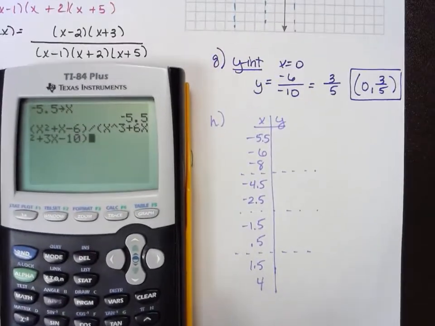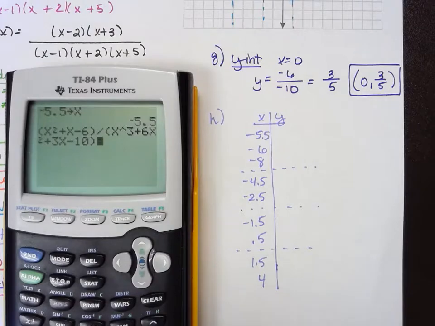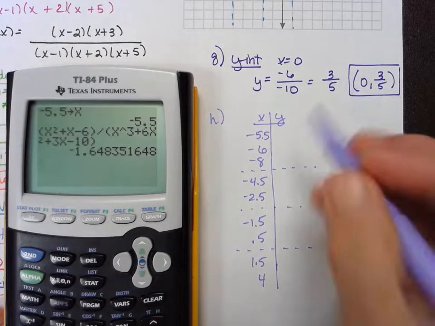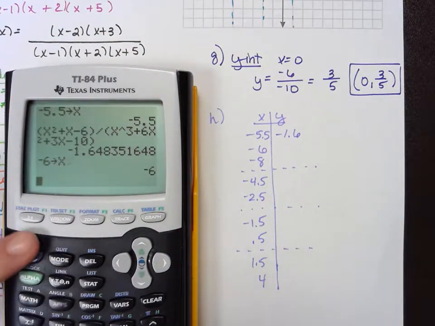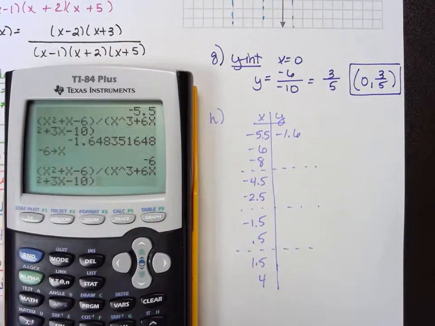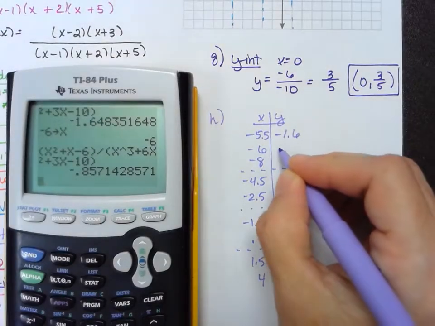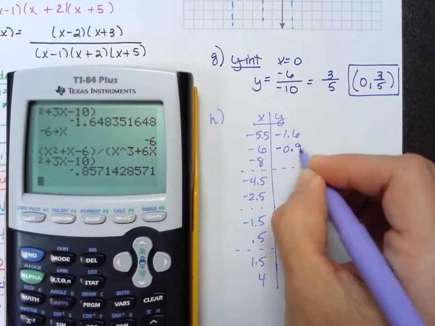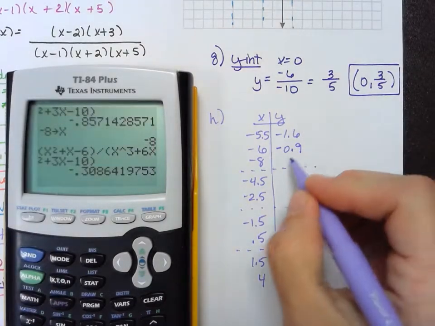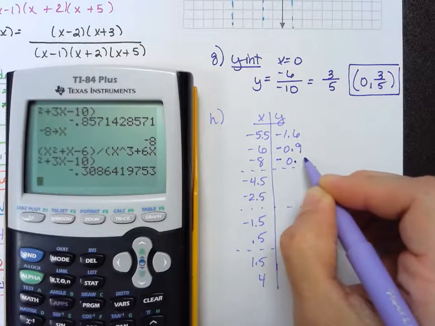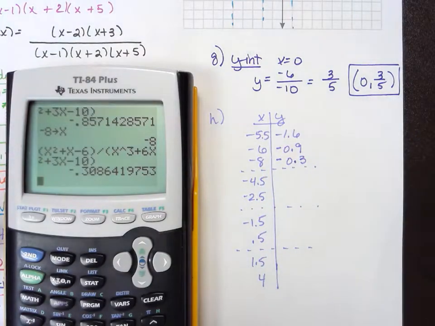I think that's right. So now that I have it in there, I don't have to go back to the top of the page and type it in again. This gives me about -1.6. So we store -6, recall the equation, that's about -0.9. So we just get these values for each of our x's.